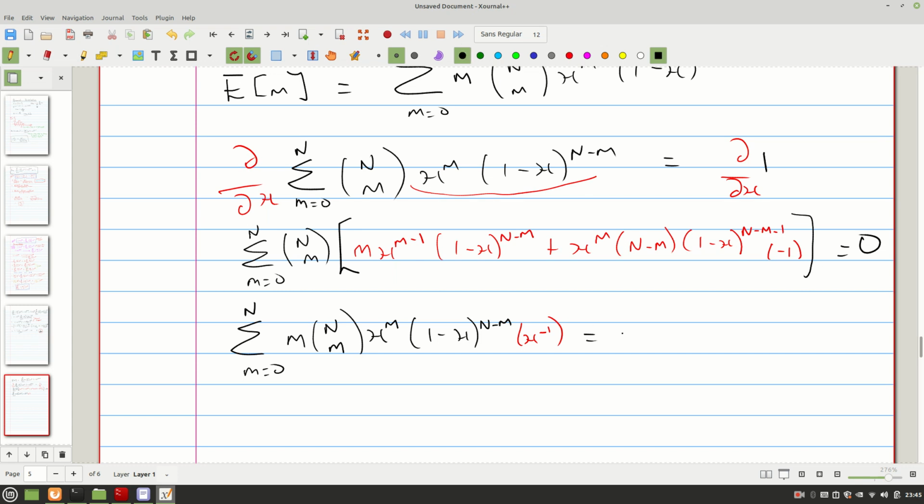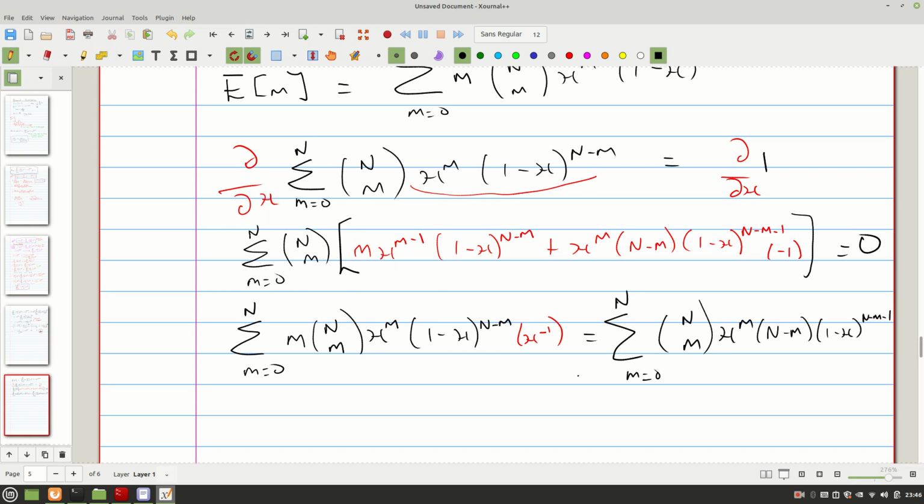And this is equal to, on the other side, the summation from m equals 0 up to n of n choose m, mu^m, times n minus m, times (1 minus mu) to the n minus m minus 1.